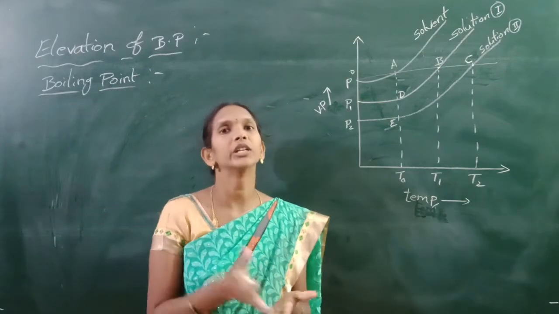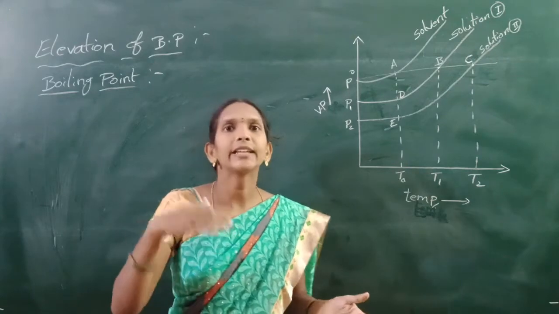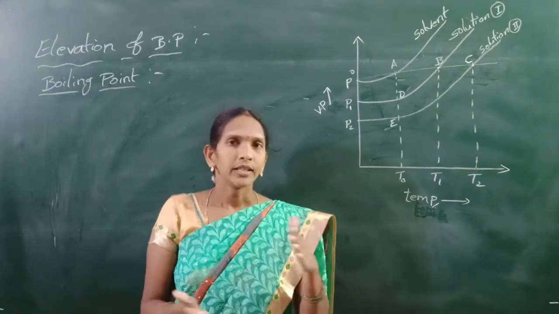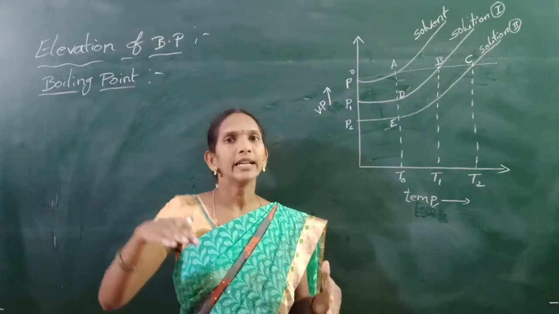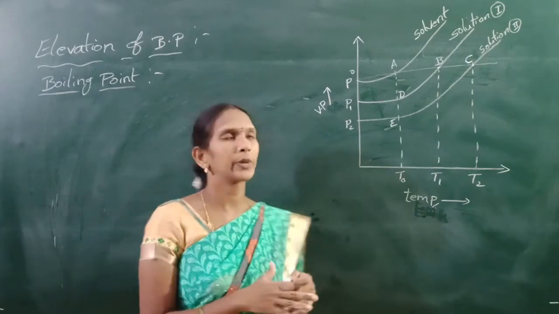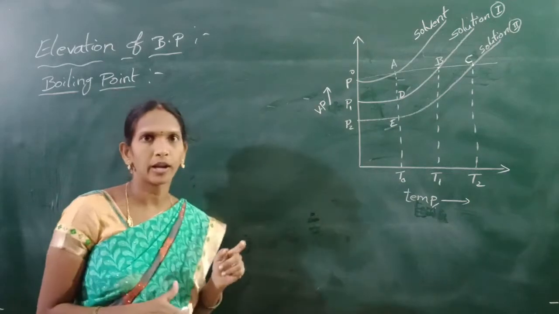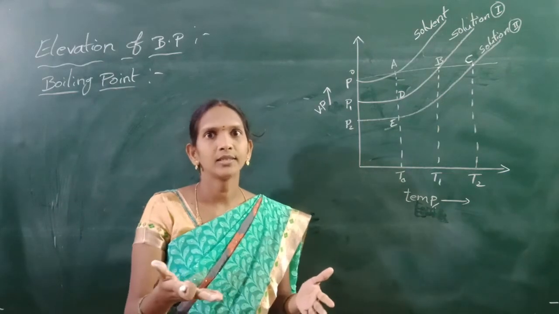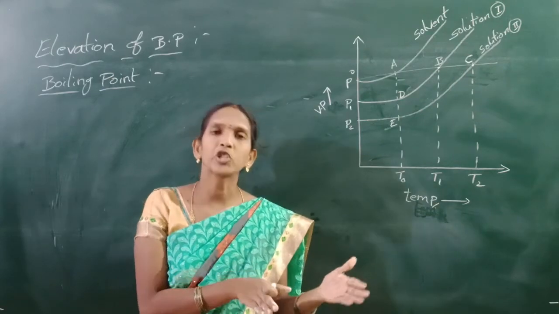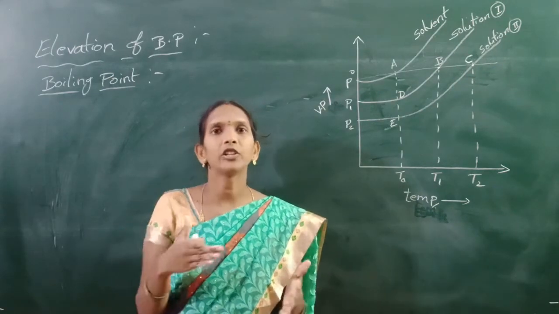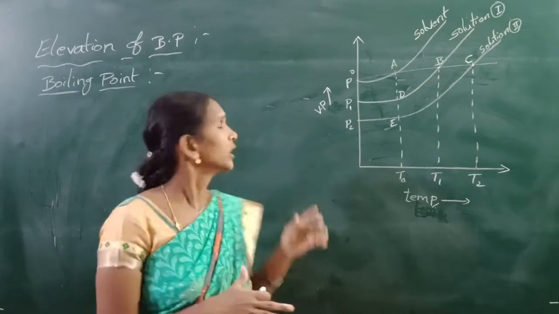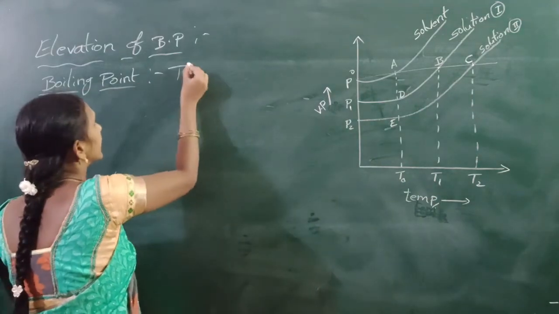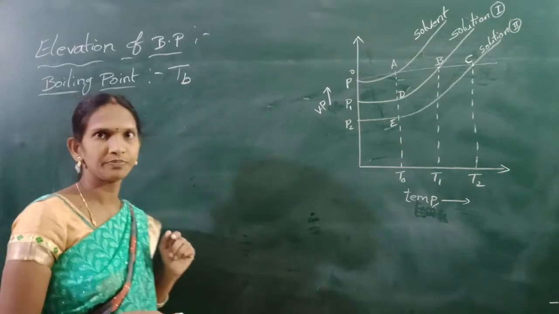The temperature at which the liquid boils, when the vapor pressure of the liquid is equal to the atmospheric pressure, is called the boiling point. It is indicated with TB.